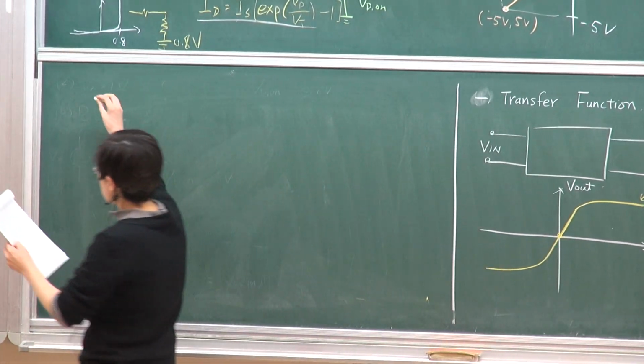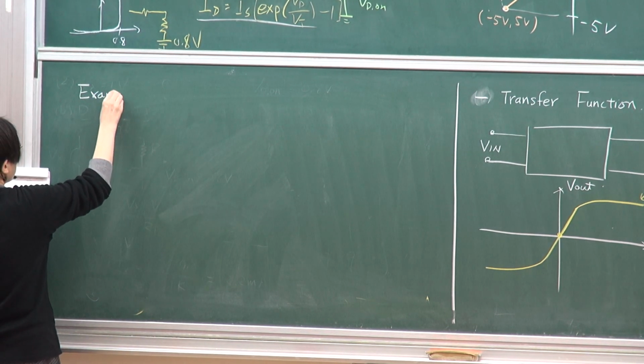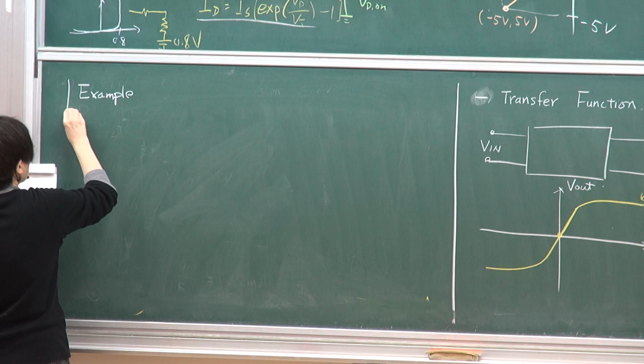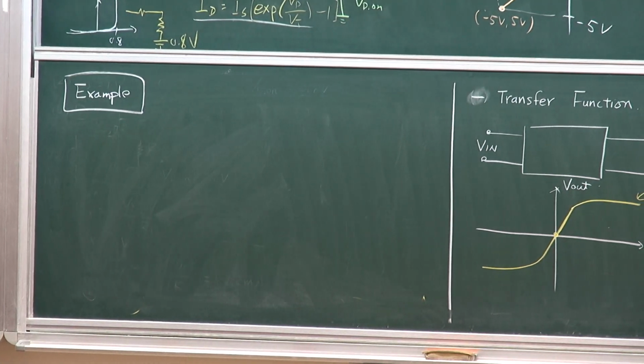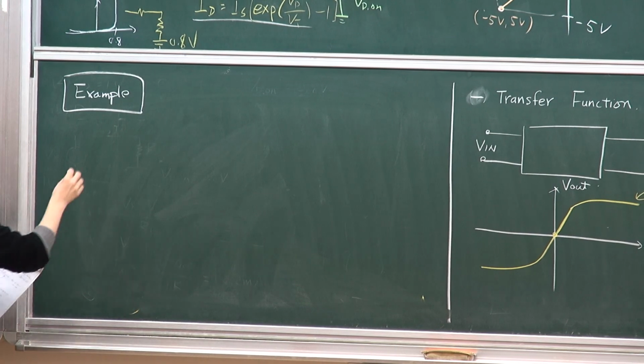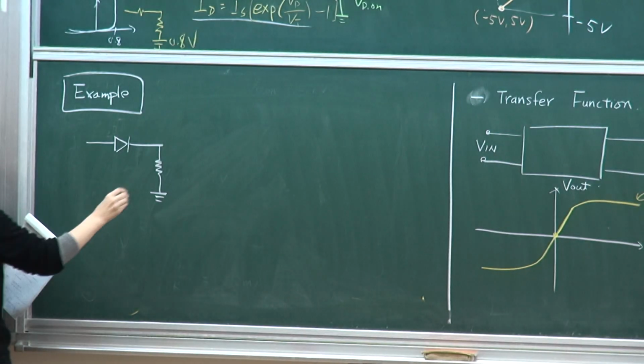So I'm going to just give you an example. What if I'm having a diode? It's very similar to that blocking circuit, but I'm just blocking in one direction. So this is called the rectifying circuit. If I'm only keeping one branch, and make it simple.